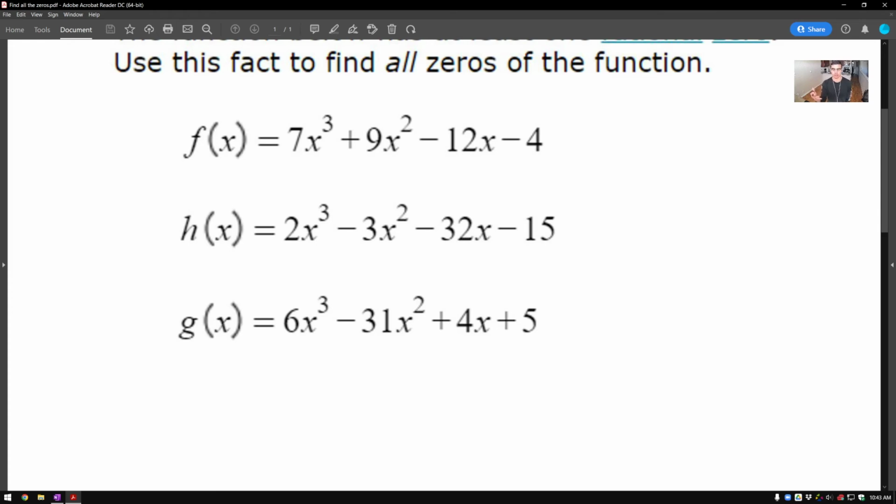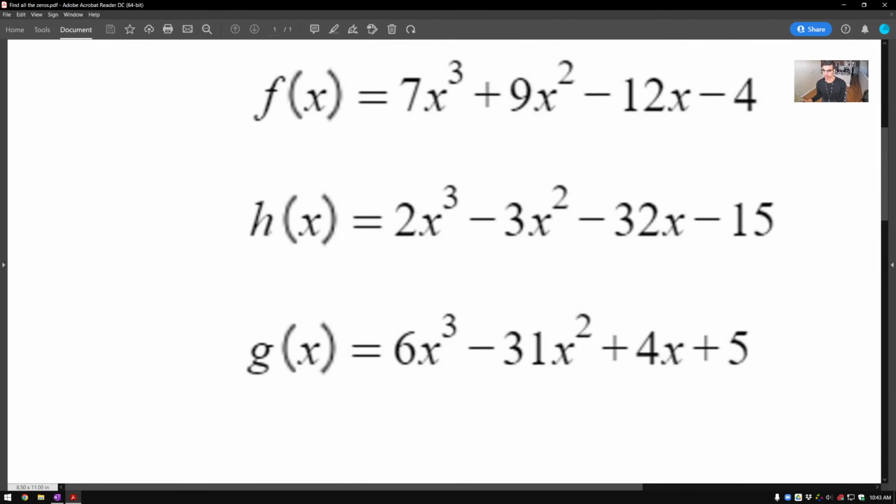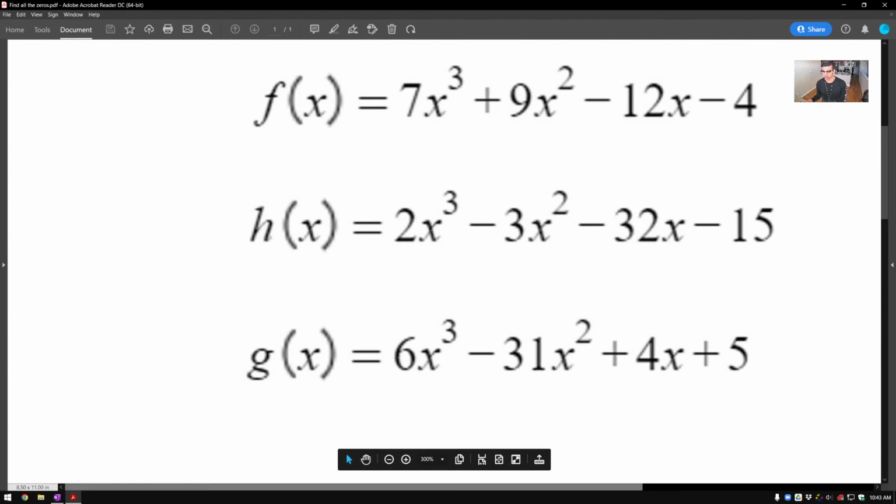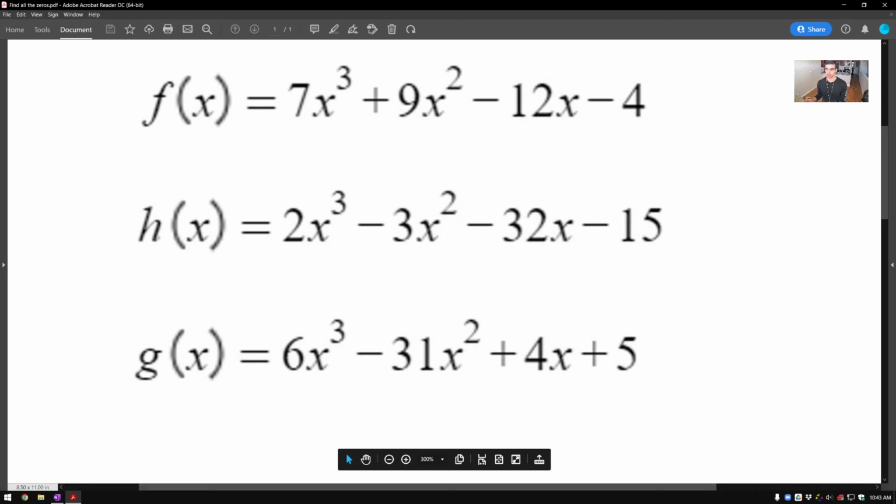I want you to try this before Friday, because we are going to talk about this one on Friday. I'm going to give you a minute or 2 to write down these 3 polynomial functions. These are exercises for practice.